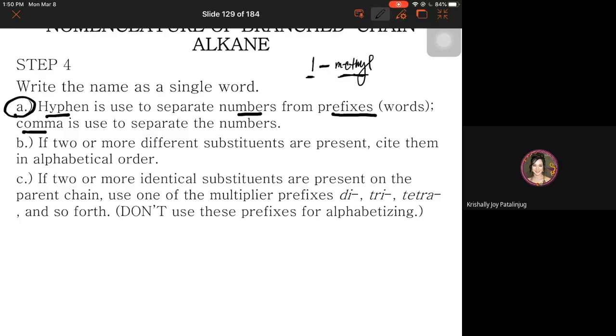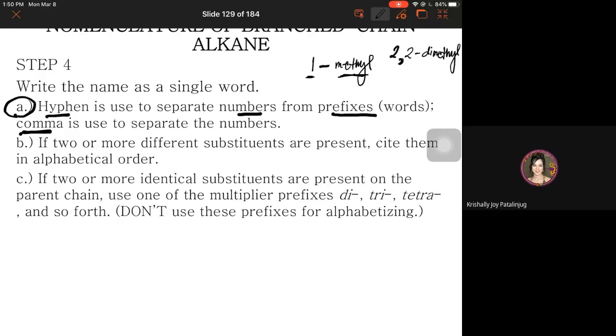Next, comma. The comma is used to separate numbers. So say for example, you have 2, just a sample, 2, then dimethyl. Okay? 2, 2. These are numbers, right? How do you separate numbers? Use a comma.